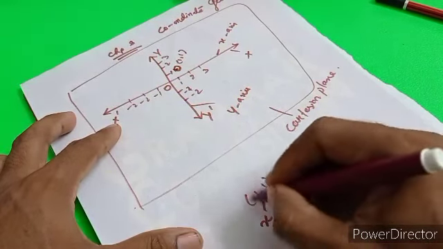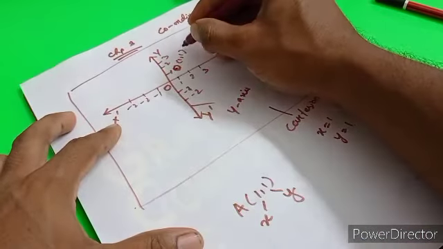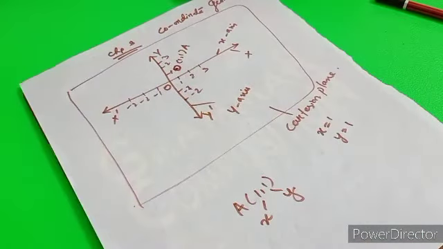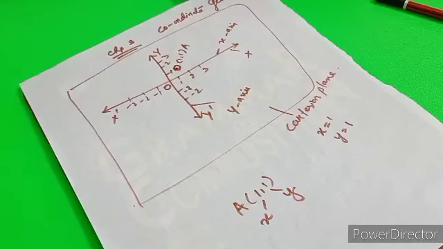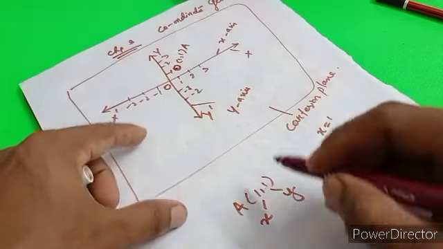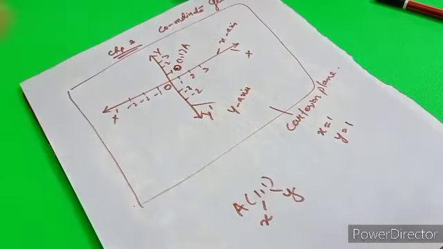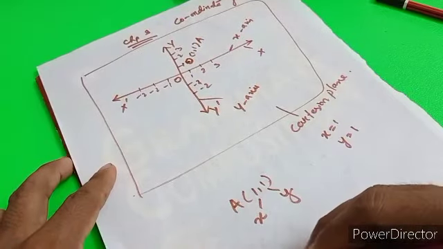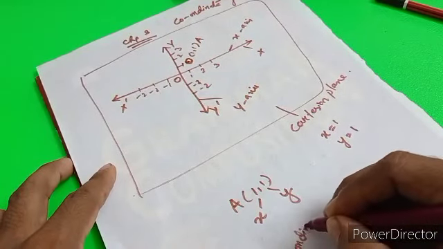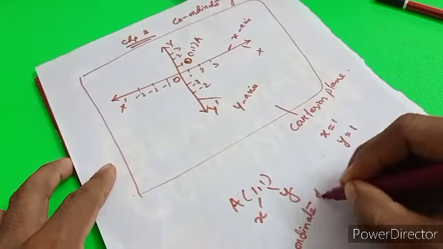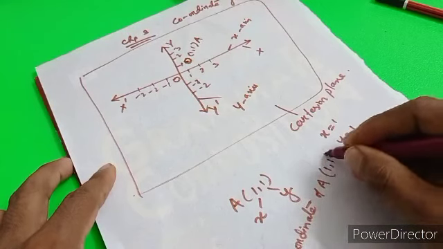I can name this point A. So point A is (1, 1), and this is called its coordinates. If someone asks the coordinates of A, that means (1, 1).